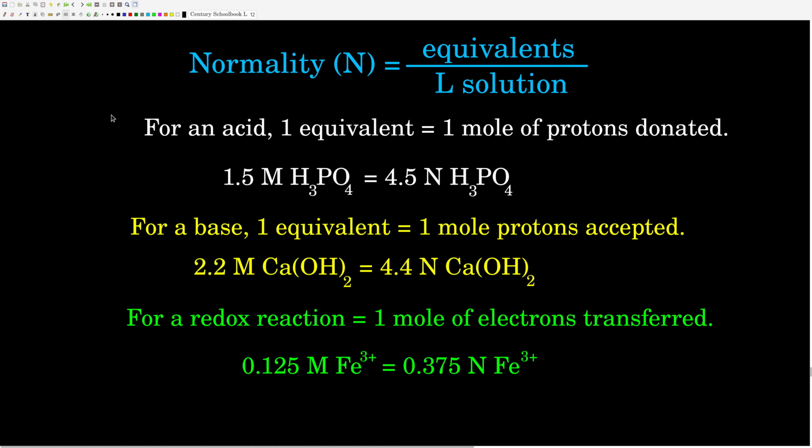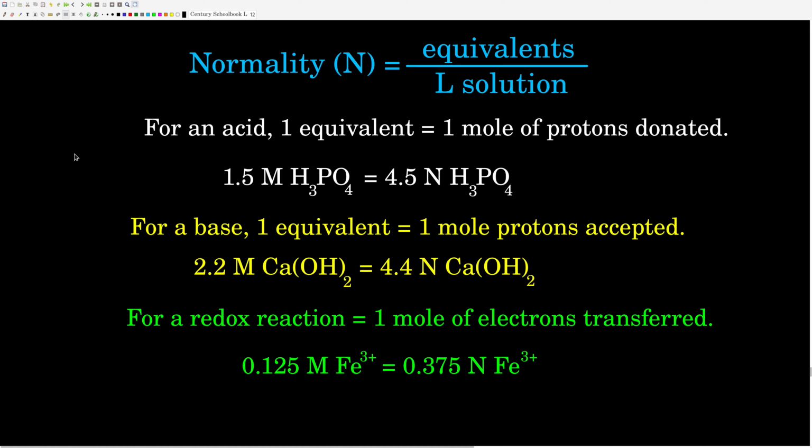And normality. Normality is defined as equivalents per liter of solution. Now, what an equivalent is depends upon what is in the solution. So if we're talking about an acid, then 1 equivalent is equal to 1 mole of protons that can be donated. In other words, for every 1 acidic proton there is in an acid, there's 1 equivalent.